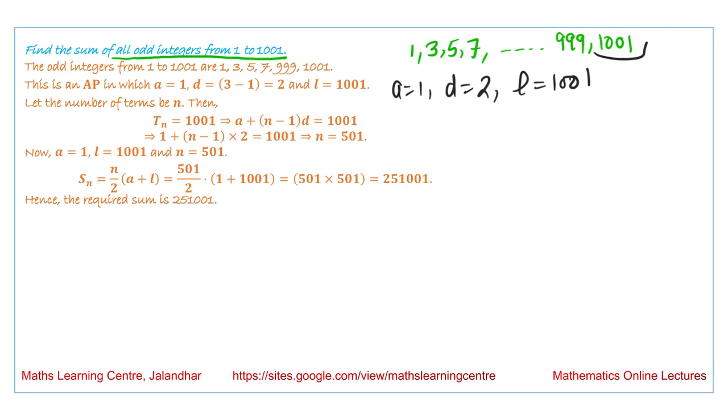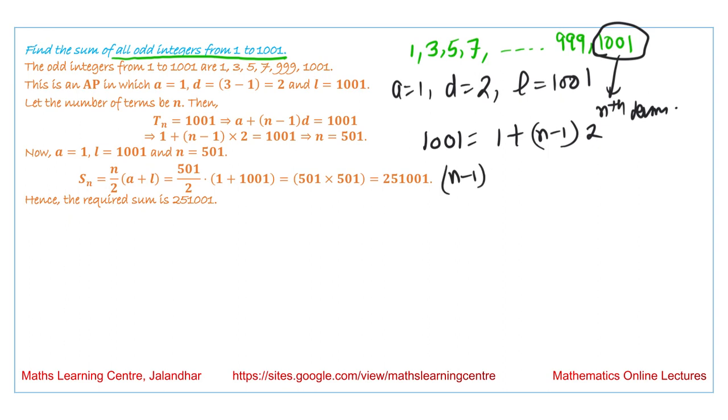Suppose this last term is the nth term. So 1001 = a + (n − 1)d. We obtain from this that n − 1 = 500, so n = 501. So this is the 501st term.